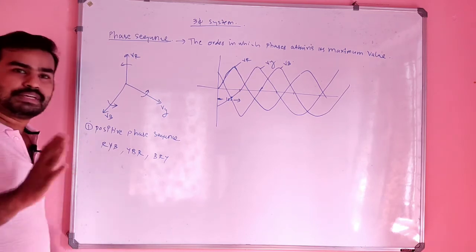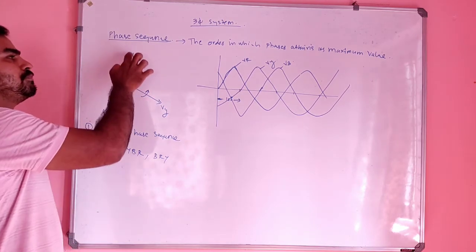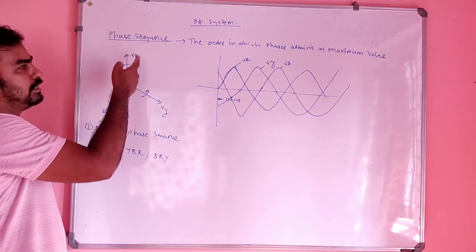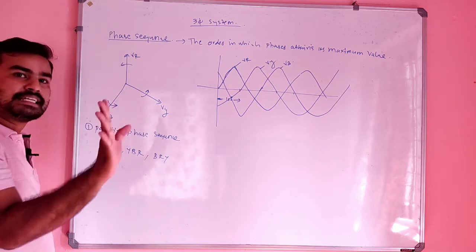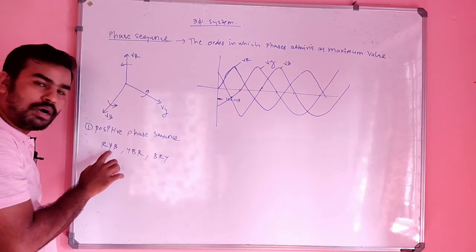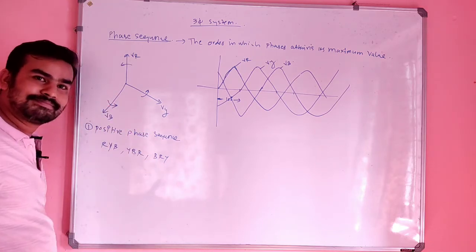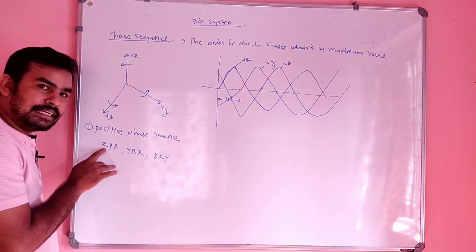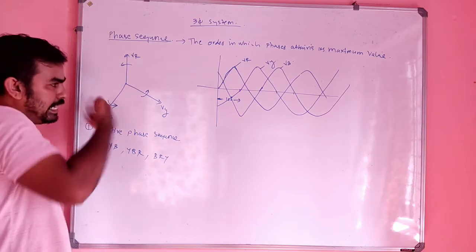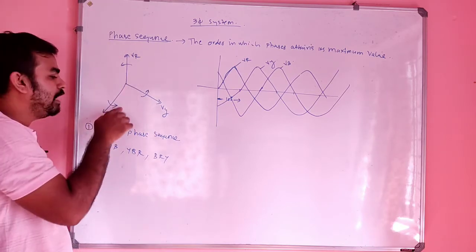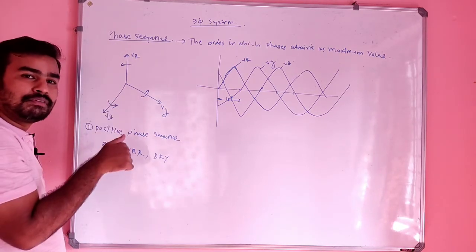So positive phase sequence is nothing but, if you take a reference vector, suppose VR is the reference vector, try to turn other vectors in anti-clockwise direction and write the back vectors. Suppose I take R, so the back is nothing but Y in anti-clockwise direction. Again we shifted in the anti-clockwise direction, it will have B.